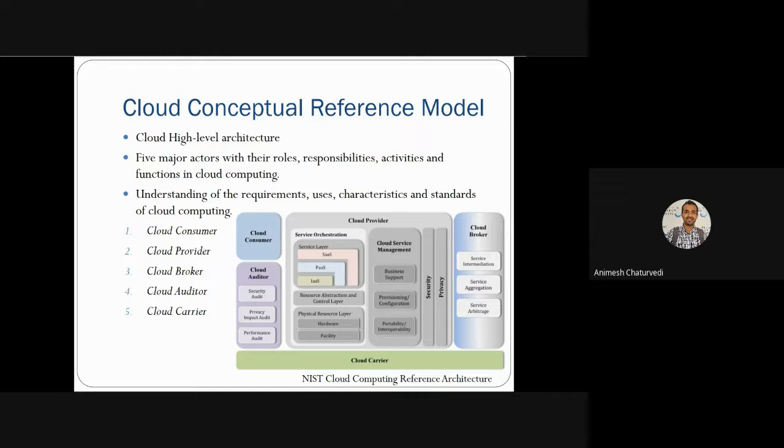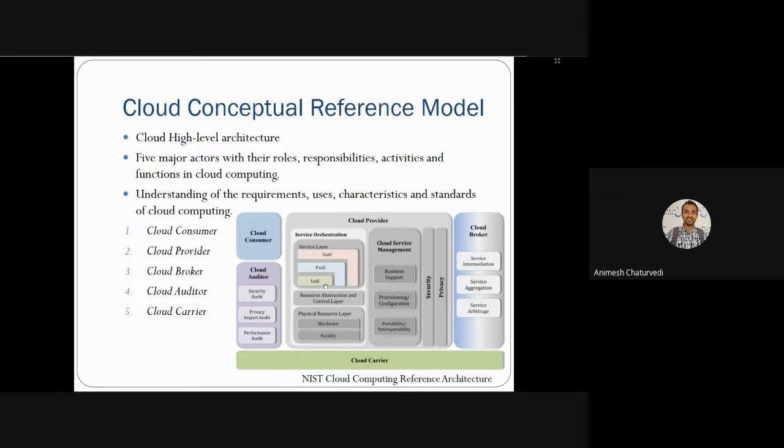These are various features. You can read about them. These features are business support, like provisioning, deprovisioning, and how the configuration should work. These are like how portability and interoperability between different platforms should work. Then resource abstraction is one of the important aspects of the cloud provider.